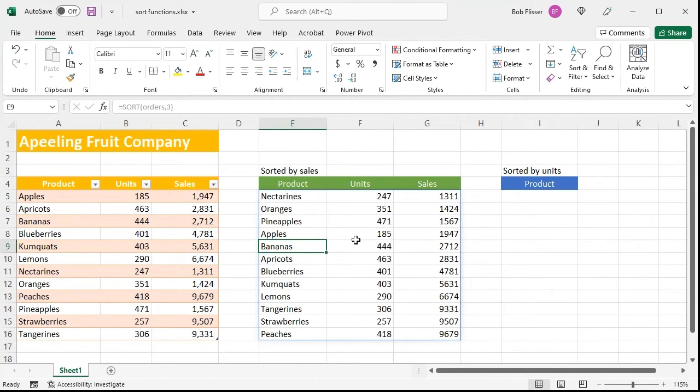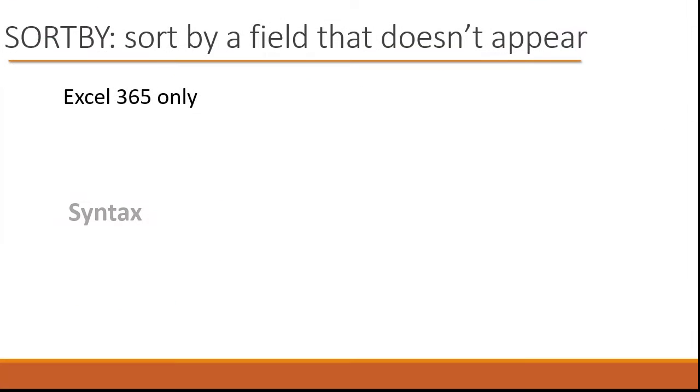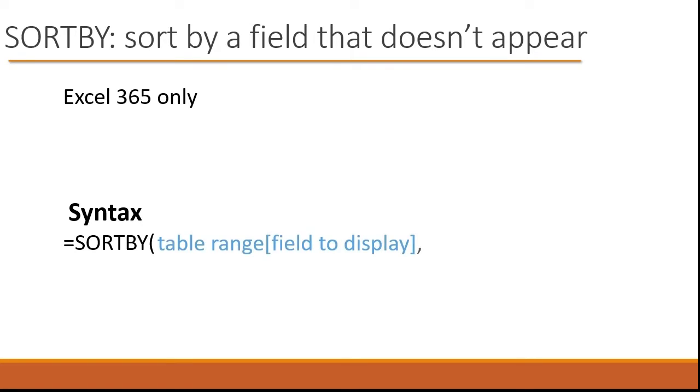Now let's kick this up a notch. What we want to do in column I is sort by units, but we don't want to display the units. So we want to display the product names down here sorted by units, but we're going to hide the fact that these are units. To do that, let's use the sortby function. So let's look at the syntax of how the sortby function works. We say equal sortby, open up the parenthesis, and there are two arguments.